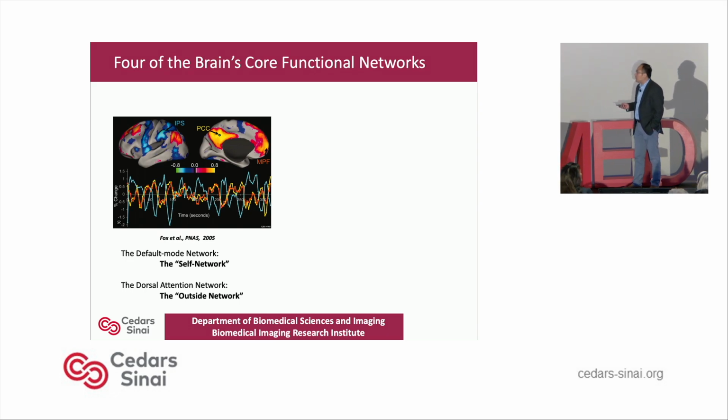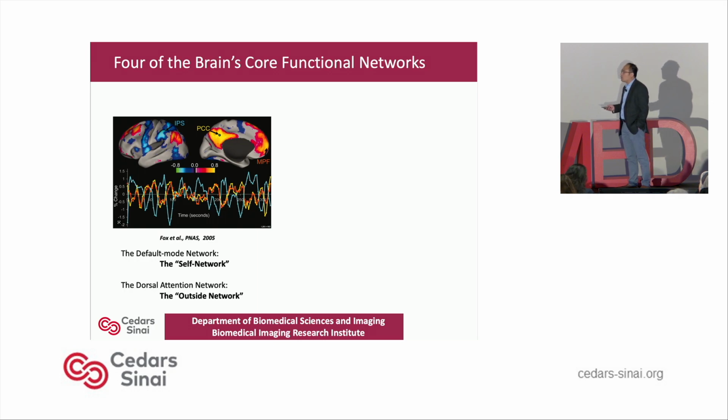So the first network: if you look at the brain here, there are red colors and blue colors, and they represent two functional networks. The red ones are the so-called default mode network. It has major hubs in the posterior cingulate area, medial prefrontal area, and lateral parietal area.